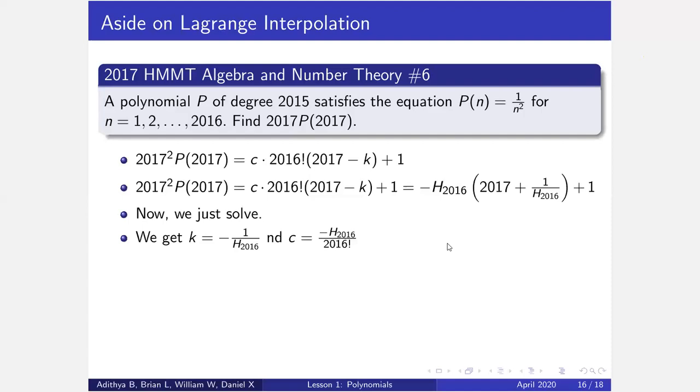If you do the substitution, a lot of the factorials and H's cancel out. In the final answer, we end up getting that 2017 times P of 2017 is just -H sub 2016.